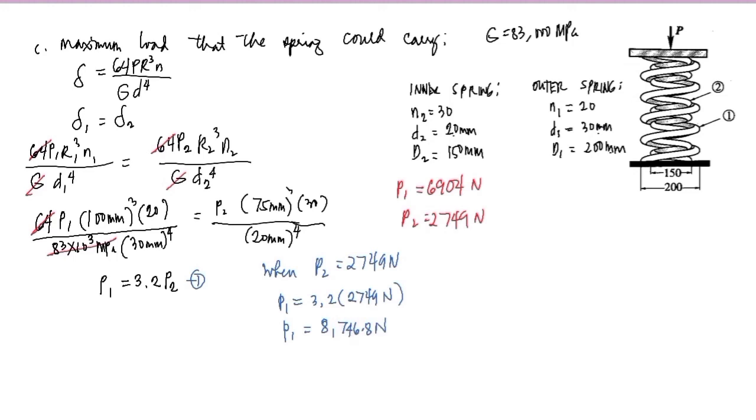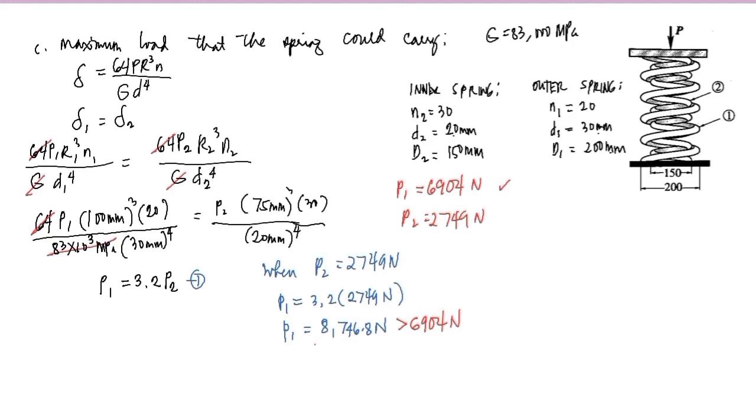As you can see, the allowable P1 as computed from the previous solution is equal to 6,904 Newton. This value, 8,796.8 Newton, is greater than 6,904 Newton.